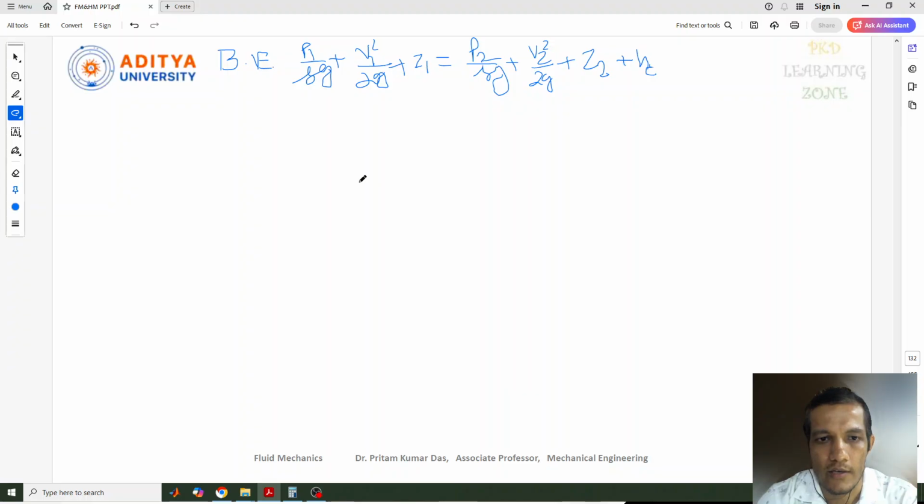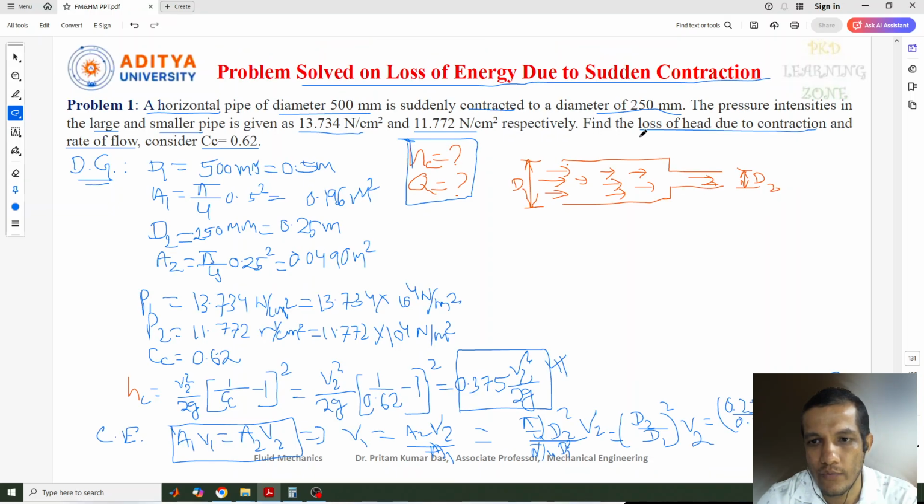Here this is section 1 and this is section 2. Before contraction we consider section 1, and after contraction we consider section 2.